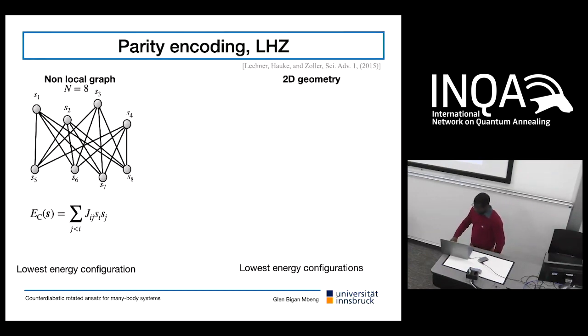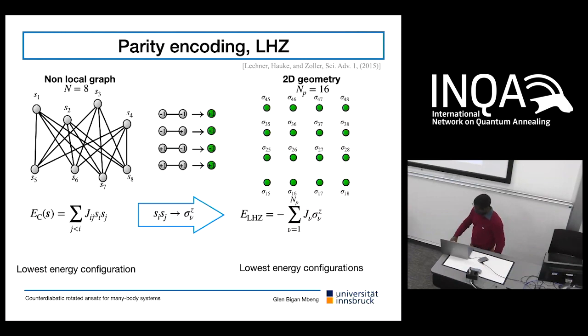So I will just quickly mention that we tried this also in a different setup, parity encoding. The goal in the parity encoding is to embed the system of a highly non-local graph into a 2D architecture, and it does this by encoding the links, the relative parity of the spins, into one variable, as we see here.